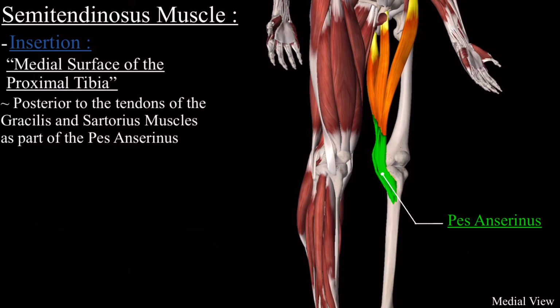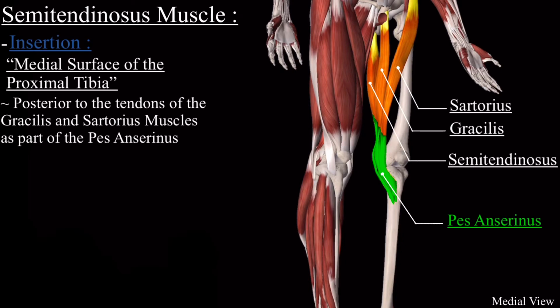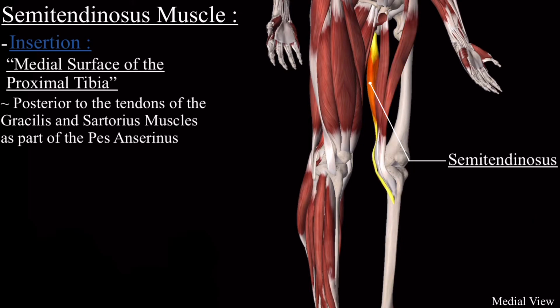It includes the tendon of gracilis muscle, sartorius muscle, and semitendinosus muscle. And the insertion of semitendinosus muscle is posterior to the gracilis and sartorius muscle insertion.